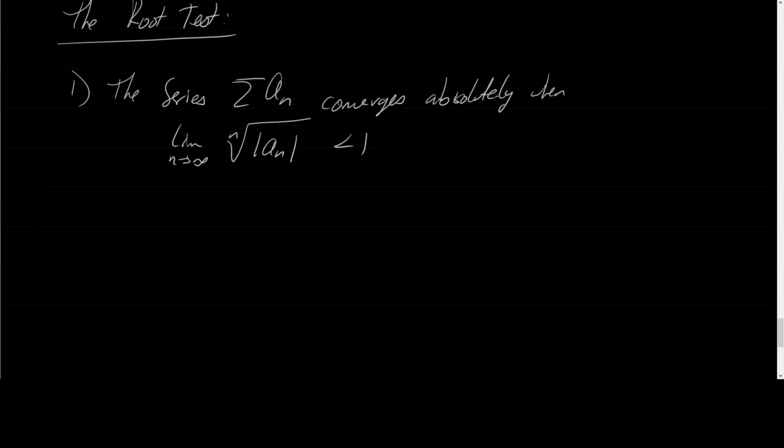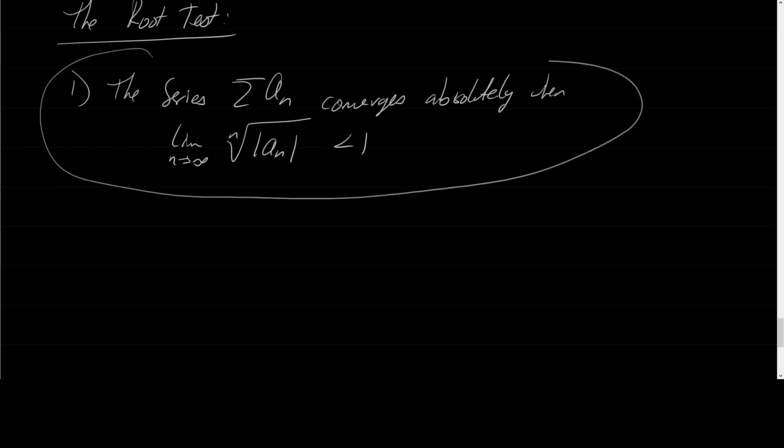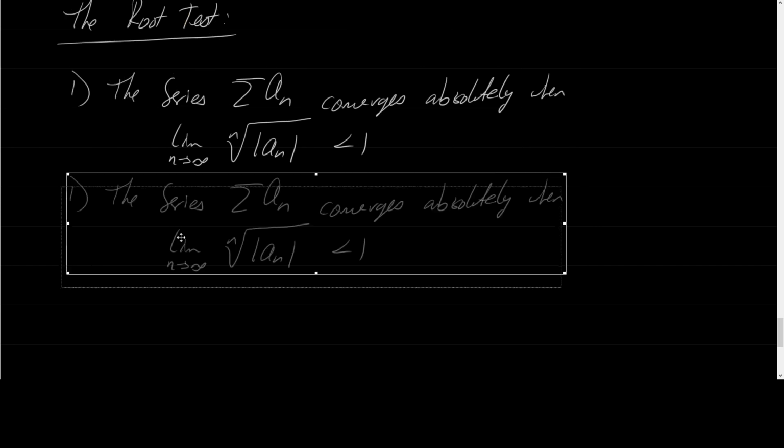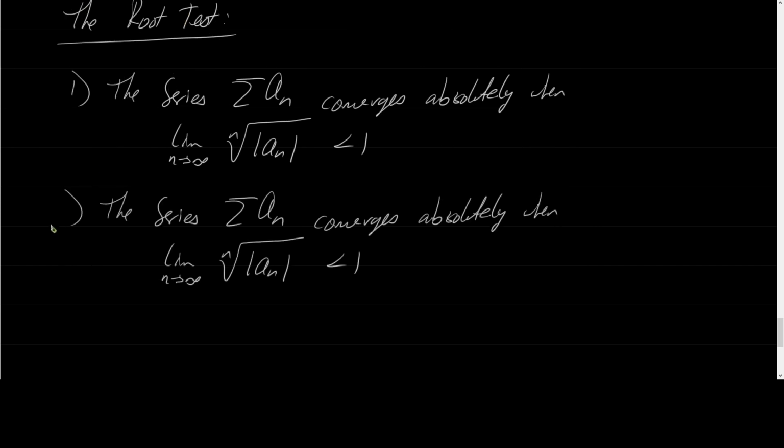Number 2: the series of a sub n diverges when this limit is greater than 1.